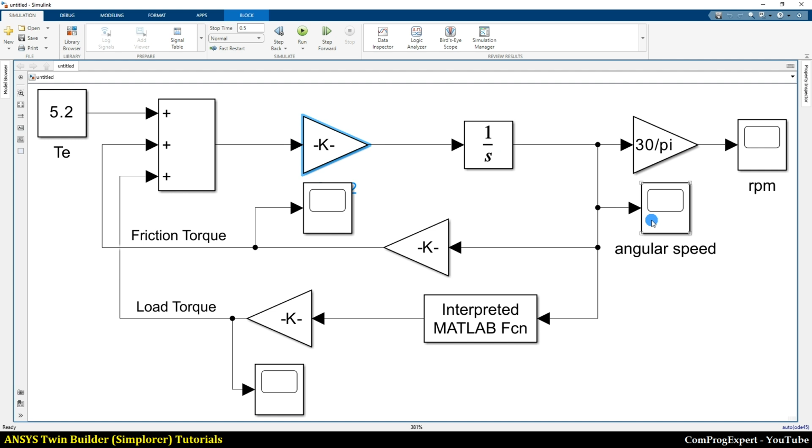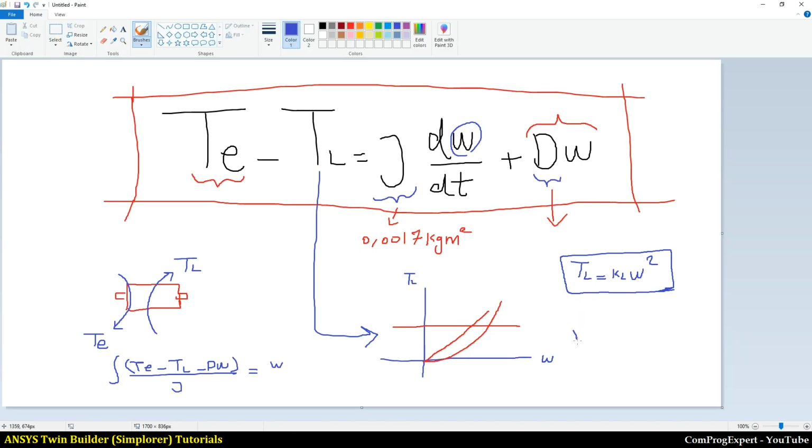And if we multiply the angular speed by 30 divided by pi, we can calculate RPM, revolutions per minute. That is equal to omega times 30 divided by pi.